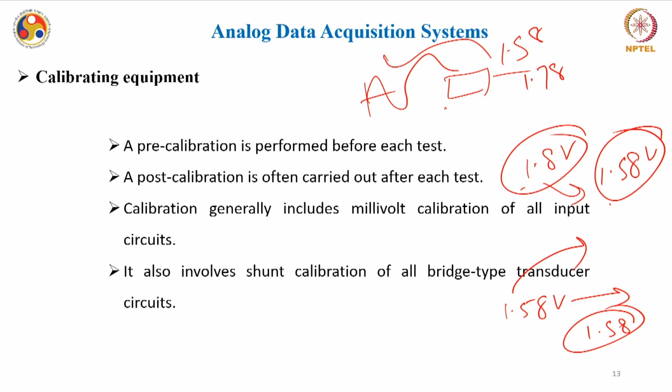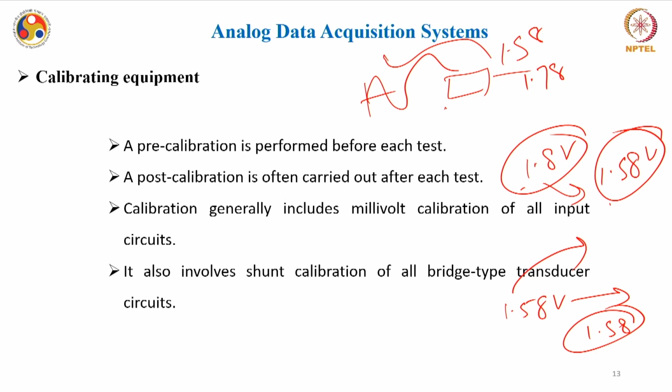Therefore, a pre-calibration and a post-calibration is always required in any data acquisition system, and most acquisition systems are equipped with that. Calibration generally includes millivolt calibration of all input circuits, and it also involves shunt calibration of all bridge type transducer circuits.